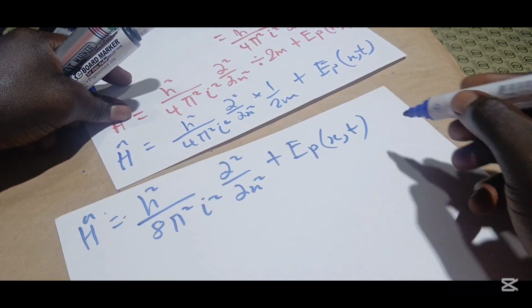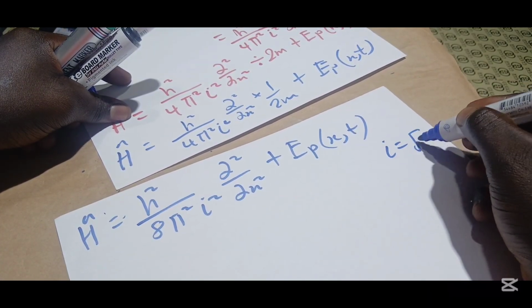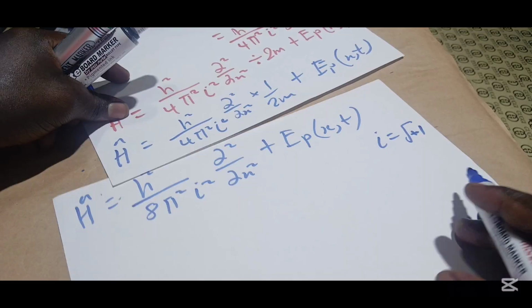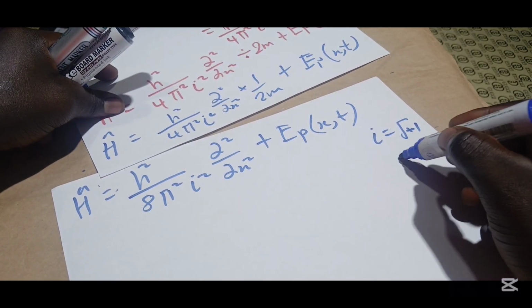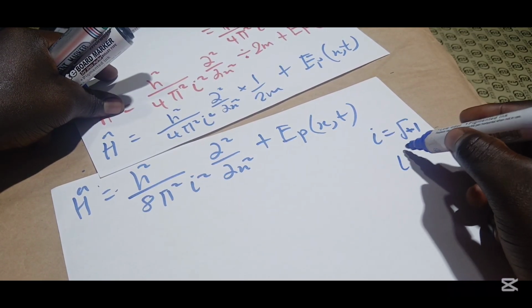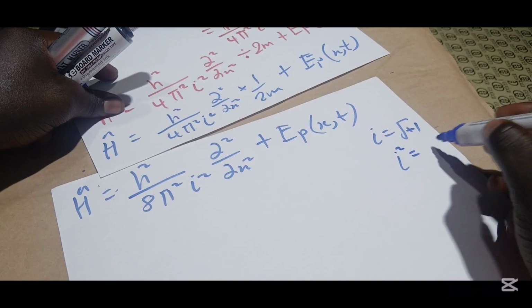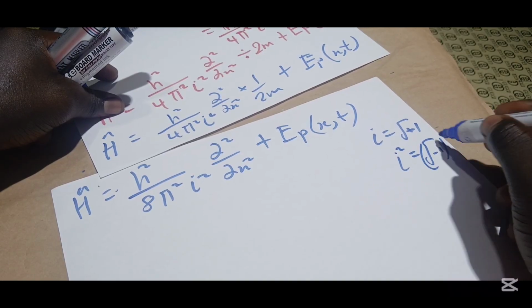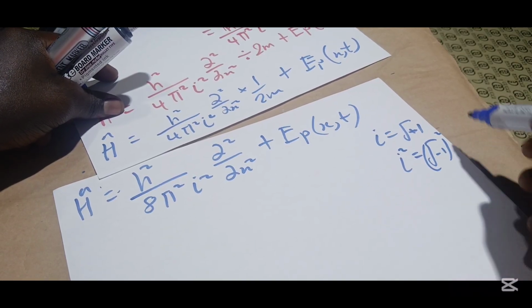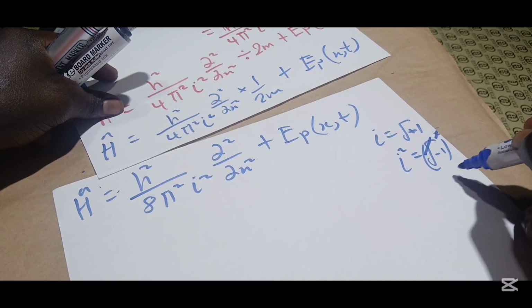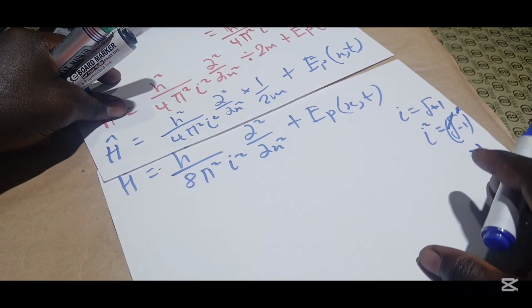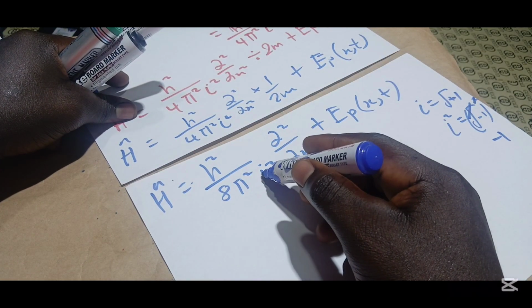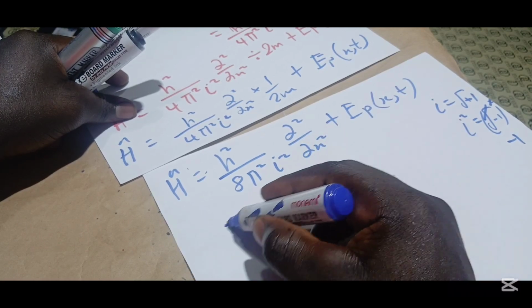Here we know that i equals the root of -1, right? So i squared is the same as the root of -1 all squared, and this square takes care of the root, leaving us -1. So the whole of this term can turn to -1.